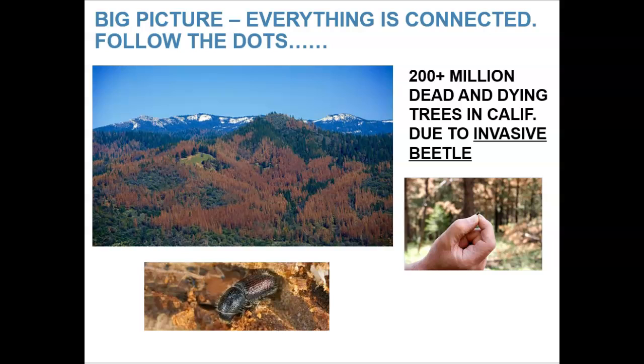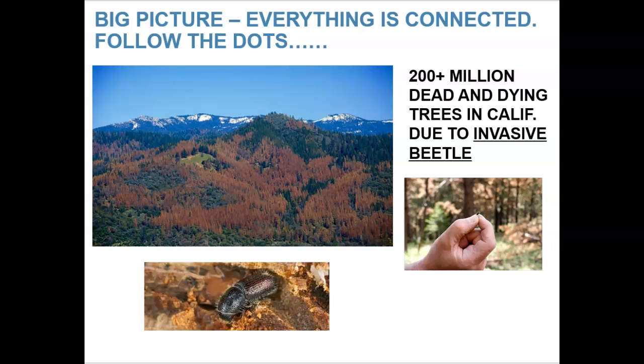Because of climate change, the temperatures in California were quite a bit warmer for the last decade or so, and so this beetle just thrived. Normally, this beetle is not very cold tolerant, but because of warmer and warmer seasons in the West, this beetle was able to overwinter, and it makes hundreds of offspring every few weeks.